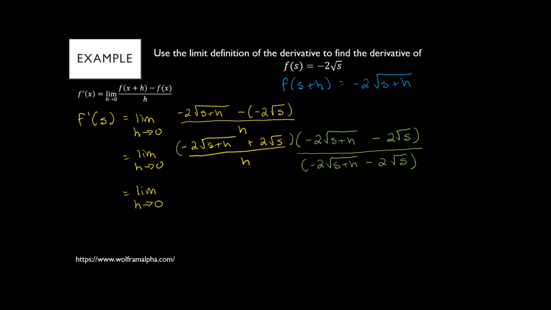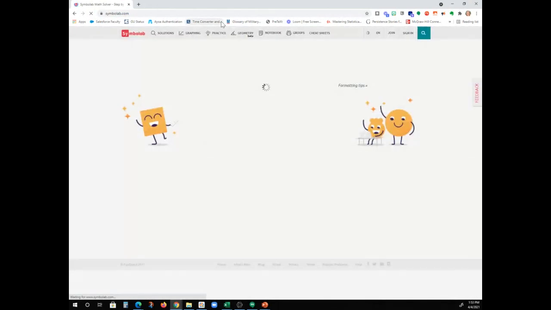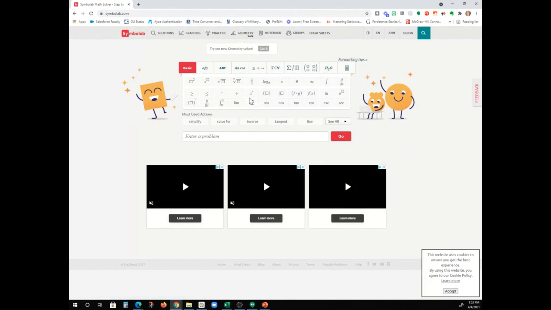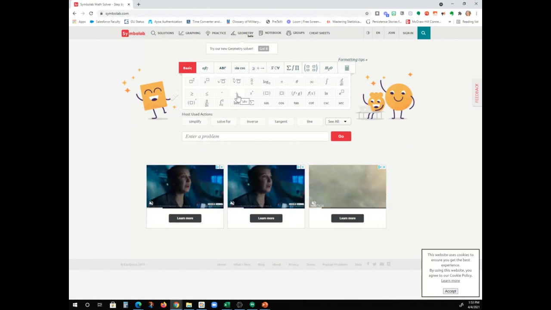So, okay. I also did this one by hand. We're gonna try a different website to do this just to verify. So Symbolab, this is another good website. This one is a little nicer to put things in for the square root, so this might work out better for us.